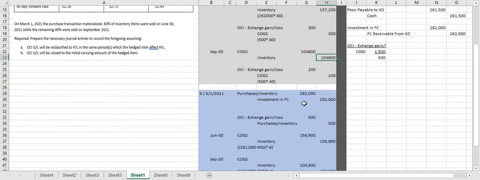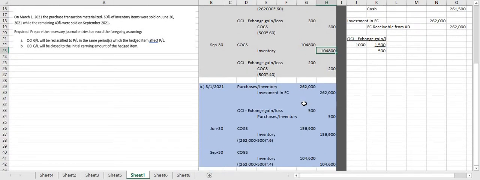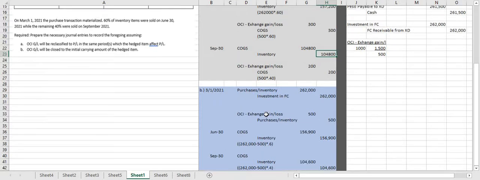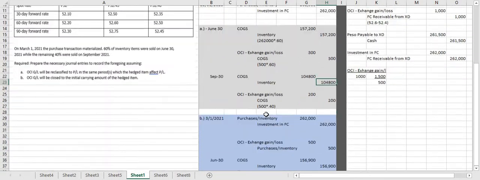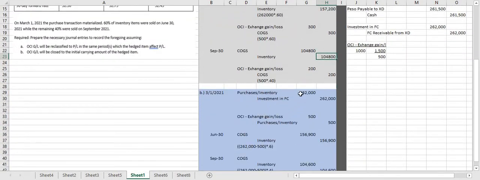The next option na binigay ng standard and generally inadapt ng standard is itong ating second option. Okay, the second option is the balance of the OCI will be closed to the initial carrying amount of the hedge item. So in this case, di ba, yung ating initial carrying amount ng ating inventory is 262,000.